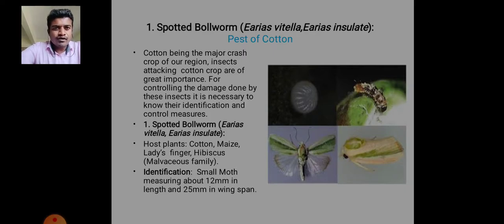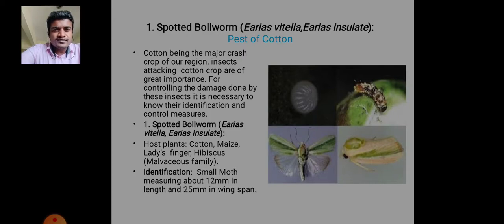As we know, cotton being the major cash crop of our region, these spotted bollworm insects attacking the cotton crop are of great importance in the environment. For controlling the damage done by these insects, it is necessary to know their identification and control measures. Let's start with the first pest, that is spotted bollworm.